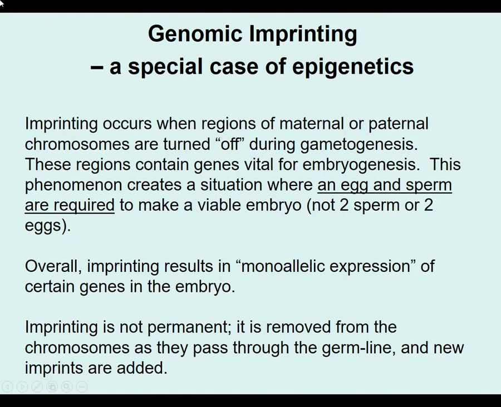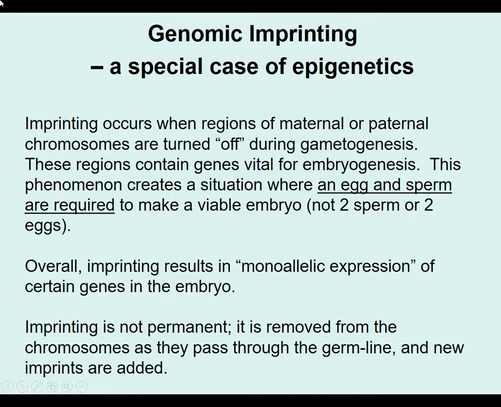All right, changing topics again, imprinting. Imprinting is a specific case of what we call epigenetics. Epigenetics means chemical modifications directly made to a chromosome, typically attachments of certain functional groups or molecules to the chromosome that influence the expression of the genes on that chromosome. So imprinting is a special case of that.